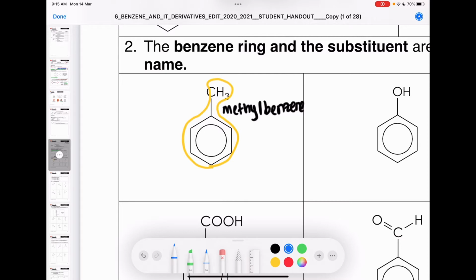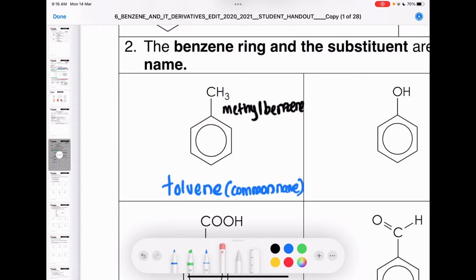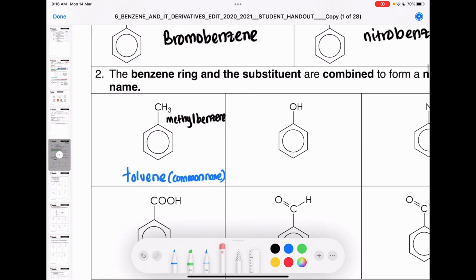So CH3 with benzene is also known as toluene. The blue one is what we call the common name. Later on, I will show you how this common name will become the parent chain. So whenever you see CH3 with benzene, the other name for it is toluene.